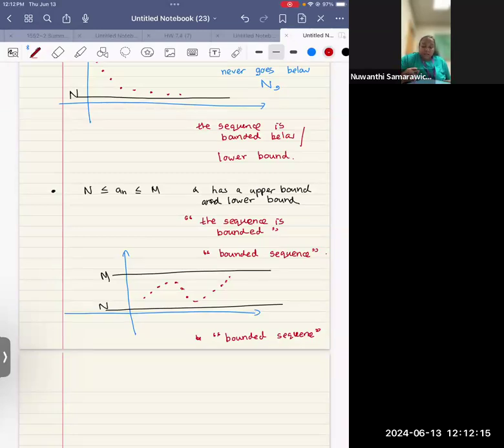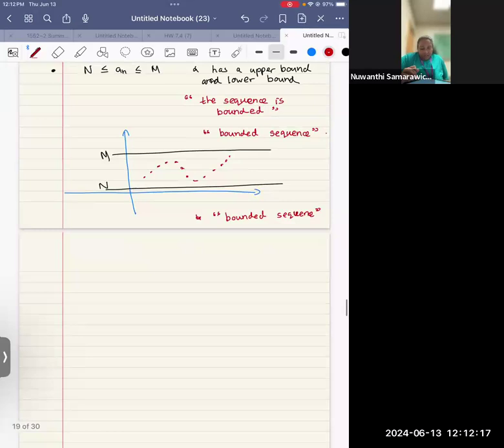Now let's write a theorem. Note: if the sequence is bounded, so will the upper bound and the lower bound.